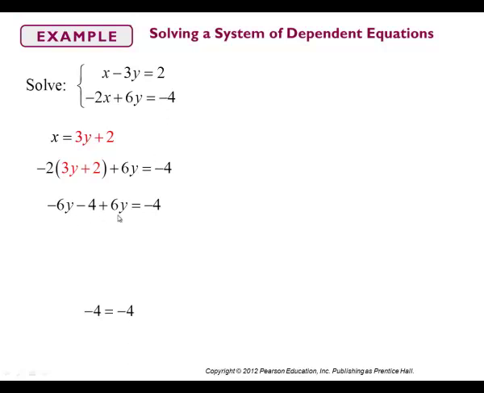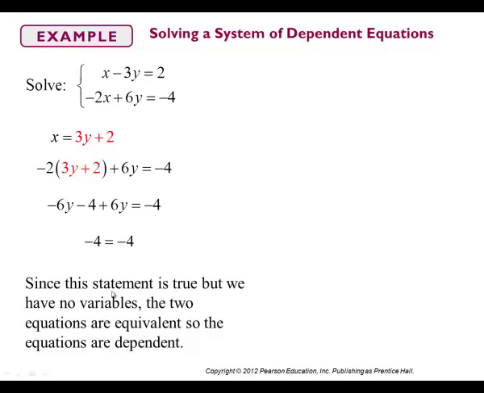And so now both sides equal. So all the variables cancel, both sides equal. So that means not only is there a solution, both lines are on top of each other, and there's an infinite number of solutions. Since these statements are true, but we have no variables, the two equations are equivalent.